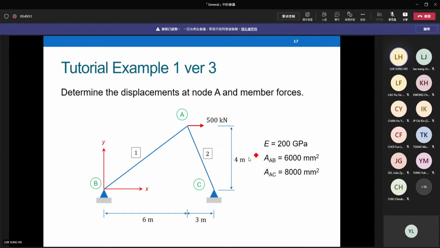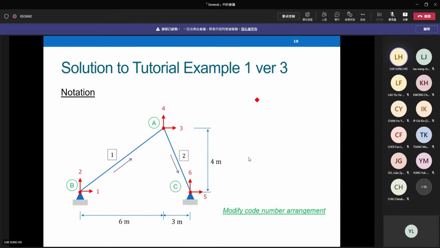Version 3, the last version, the last thing I want to show you. In version 3, we consider the same problem. This time we would like to keep the member orientation identical to version 1, the first version. But you can see that I try to modify our code number order. This time I don't want to follow the textbook method.